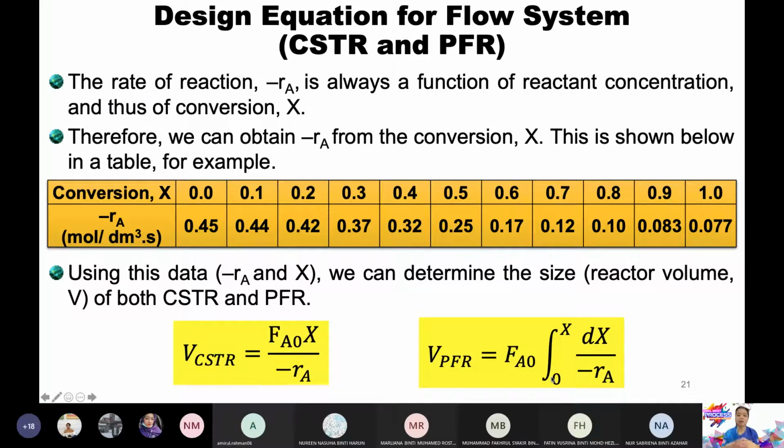Sebab pada asal tindak balas dalam reactor PFR tu, for the single PFR, the early part of the reaction, conversion dia kosong, means no A has been converted yet. That's why it's from 0 to X. X is your final conversion lah, depending on your reaction.